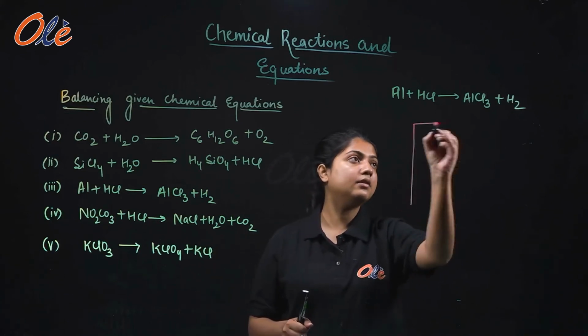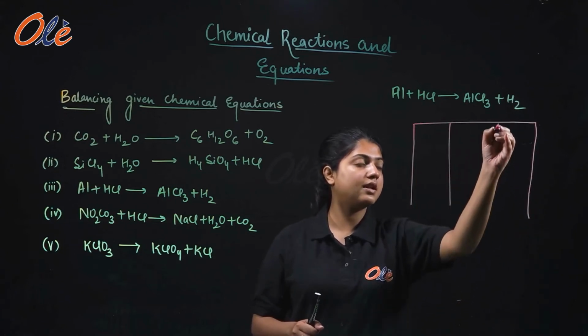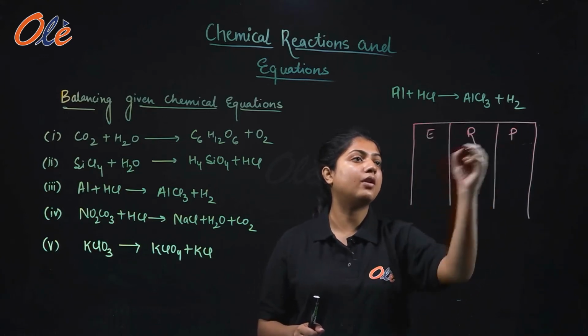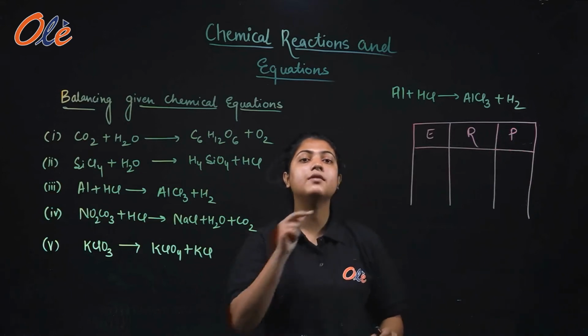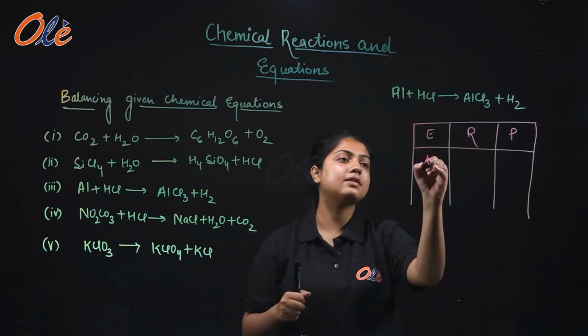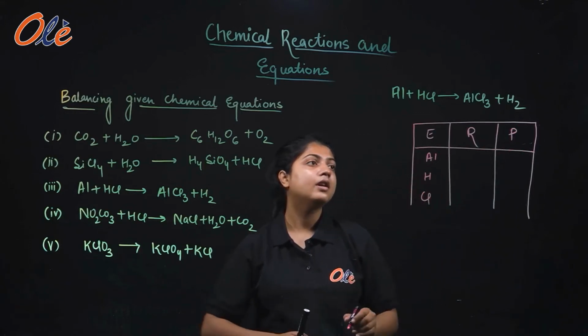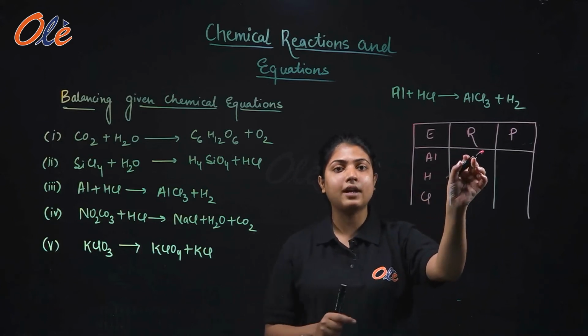Make a table, draw 3 sections, one for element, then reactants, then products. Write the symbols of the elements given in the chemical equation, that is Al, H and Cl. Now carefully count the number of atoms on the reactant side and write it here.